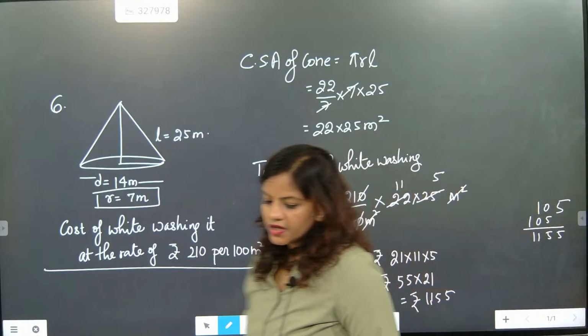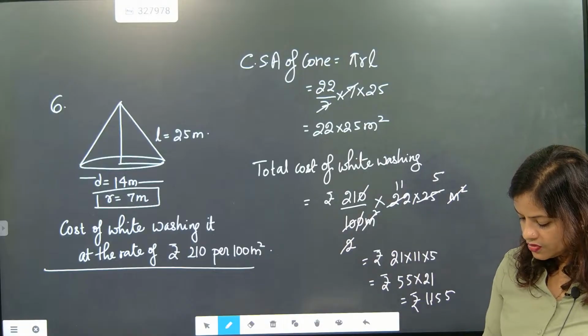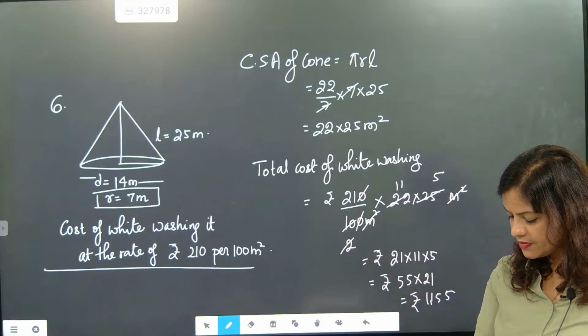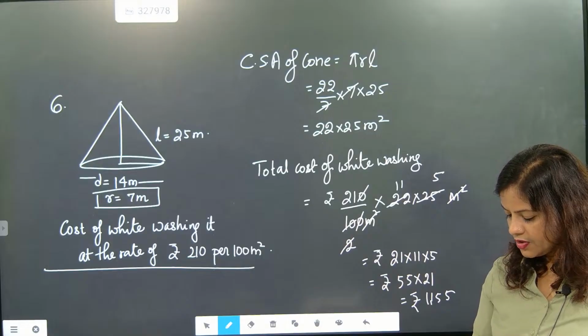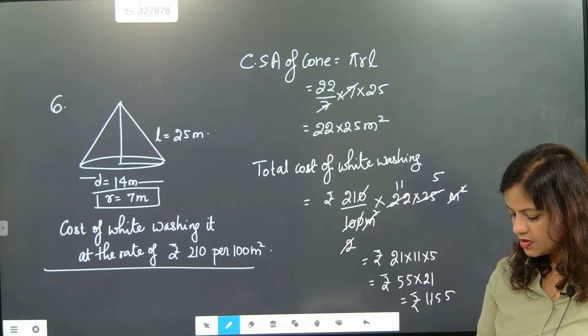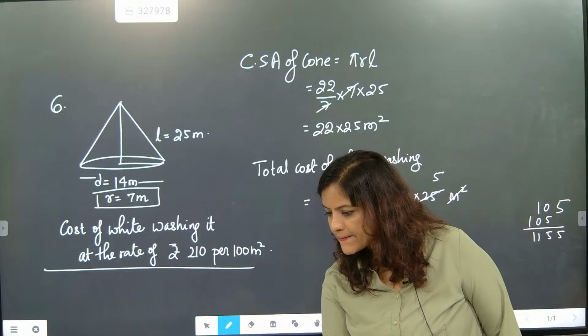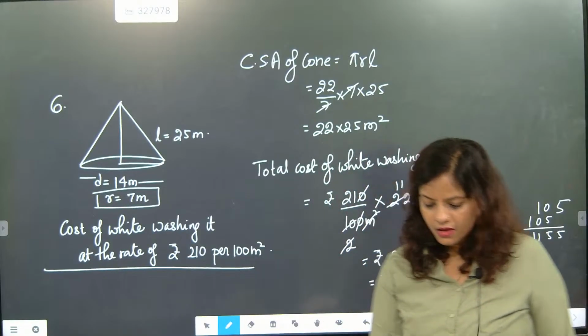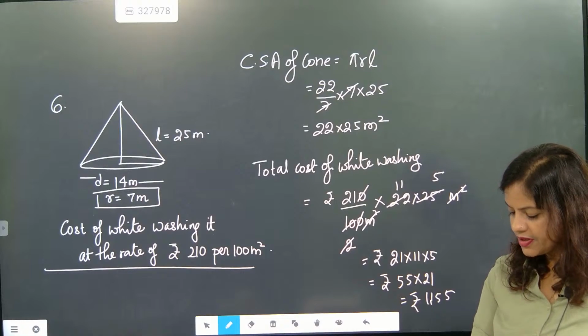1155 rupees. Can you check, beta? Check this part, beta.